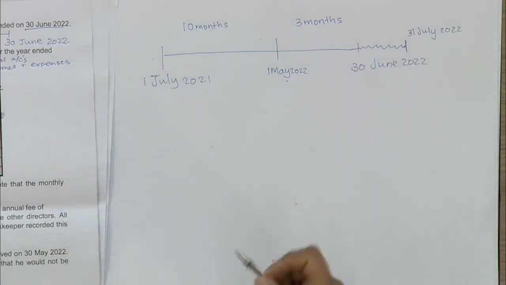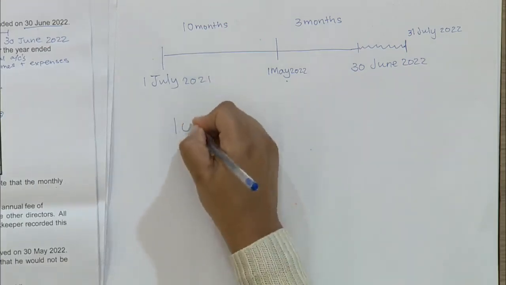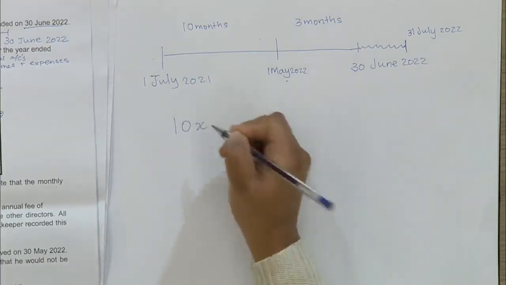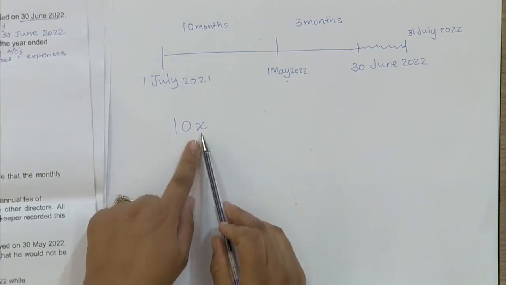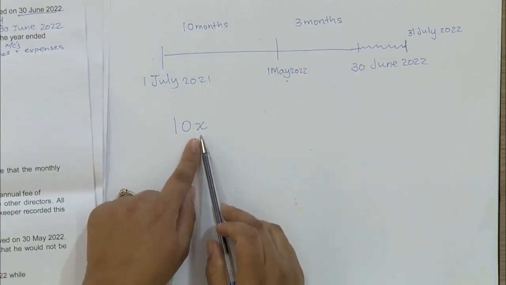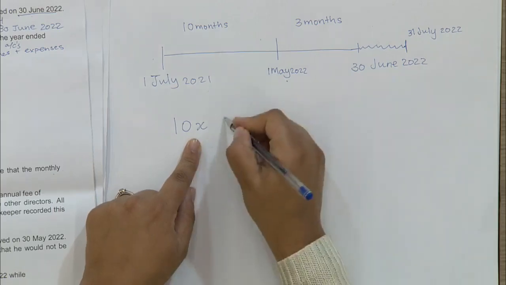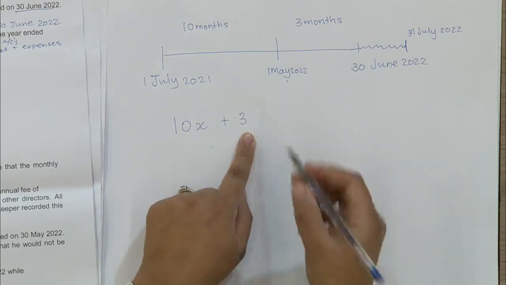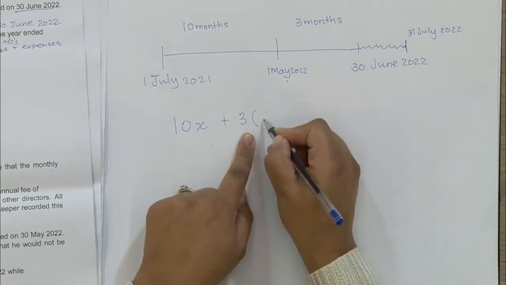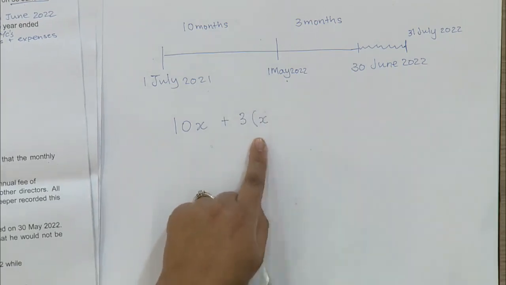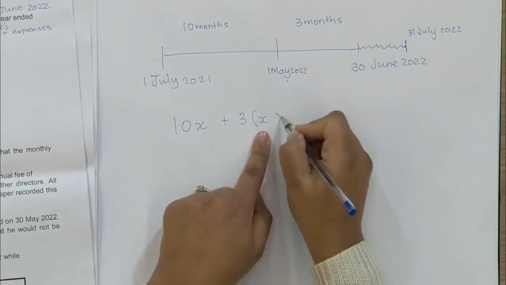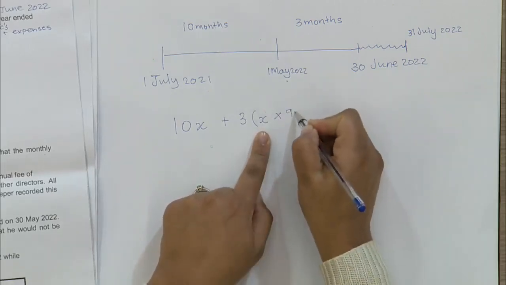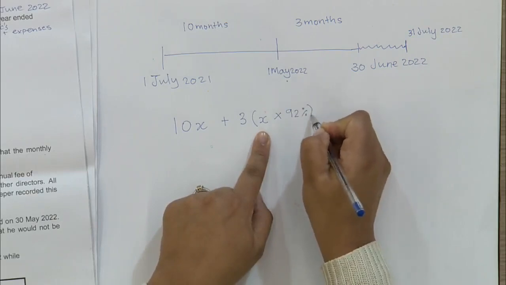So how are you going to go about doing it? You're going to say 10 times the original value of the rent income before the decrease, plus 3 months after the decrease, and we're going to say X times 92%, okay?